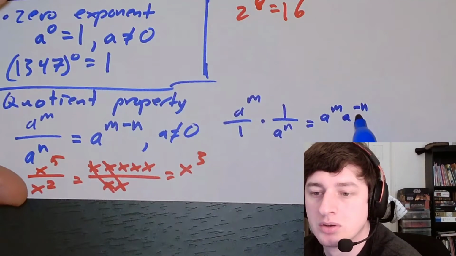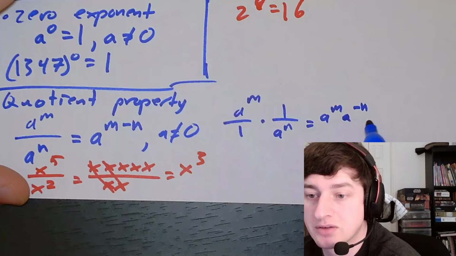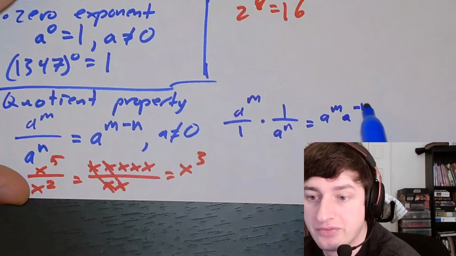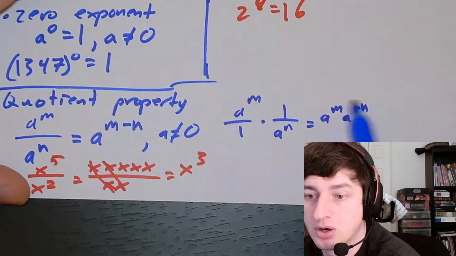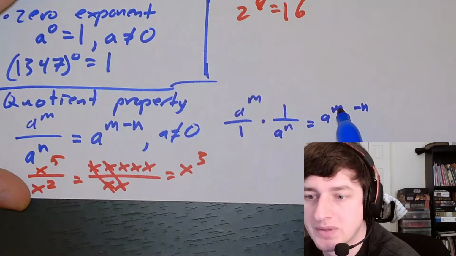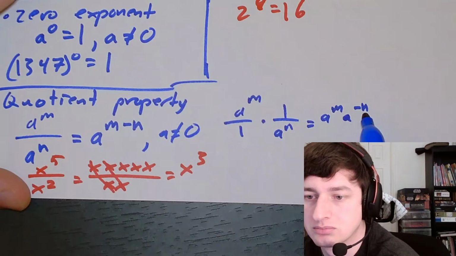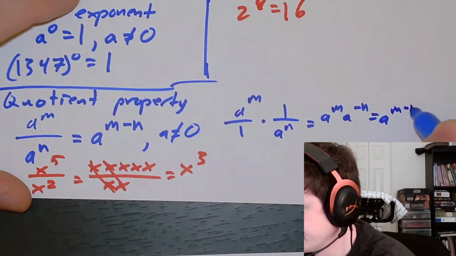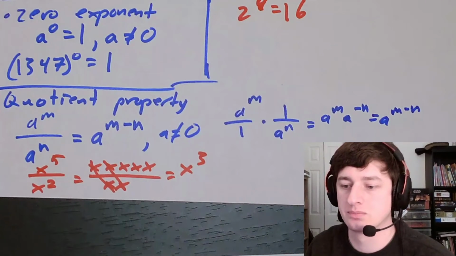I mean, you can if you want. So I can rewrite this fraction as a negative exponent because it was a fraction. And then our product rule just said we can add these together. m plus negative n. And so we would get a to the m minus n.